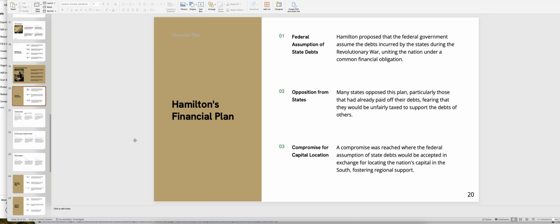So they got a compromise, and the compromise was that they would put the new capital, the capital was in New York City, and so they moved the capital from New York.